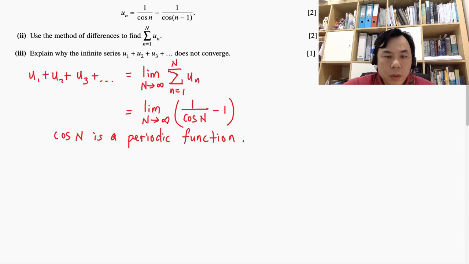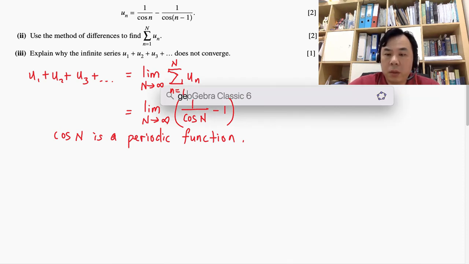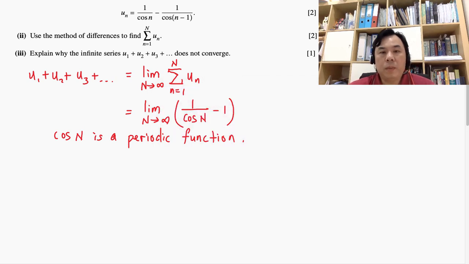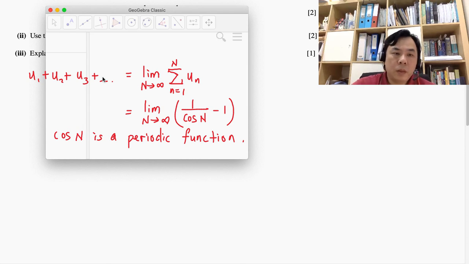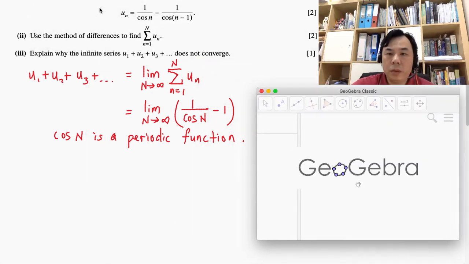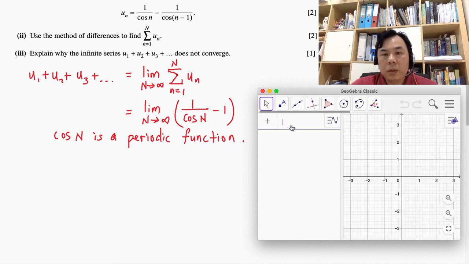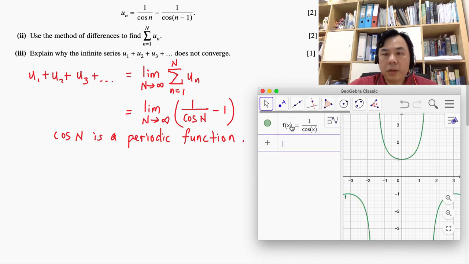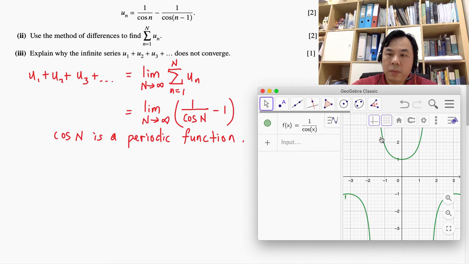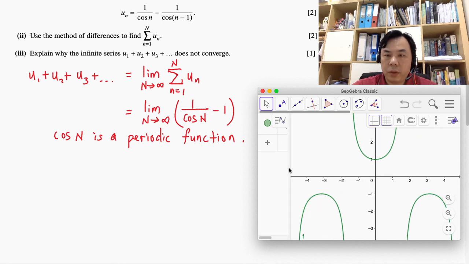So maybe it's best if I show you that. Just let me get my GeoGebra here. Let's move it over here. It will be easier to see. So let me try to plot the graph of 1 over cos x here. Now you can see that this graph is actually a periodic graph, a periodic function in this case.